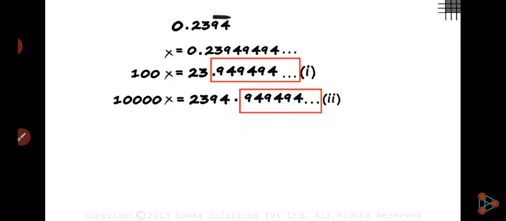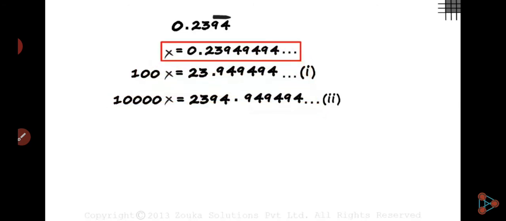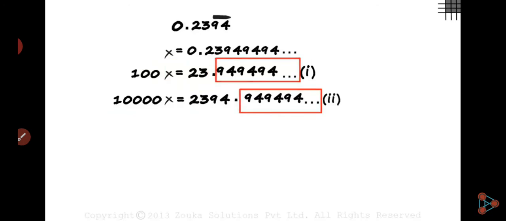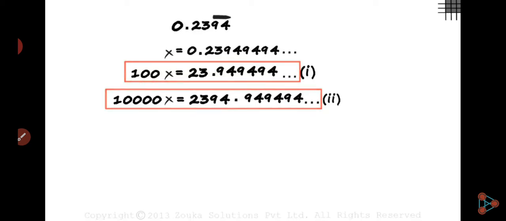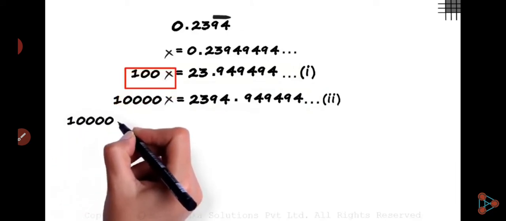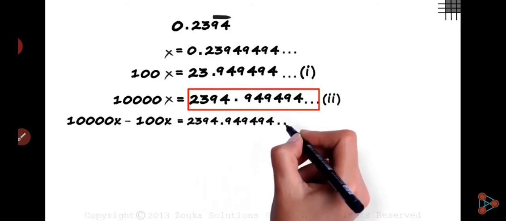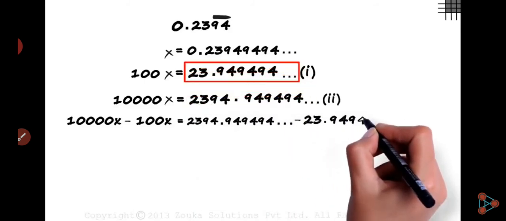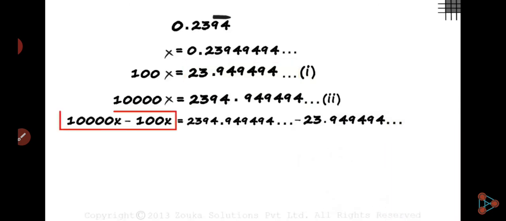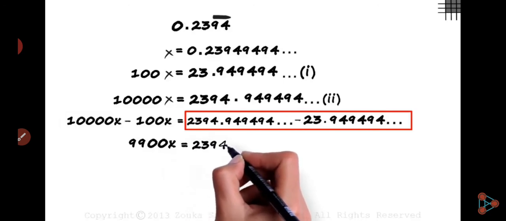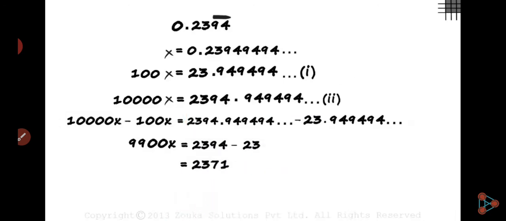Now we subtract again: we will subtract the first equation from the second. So we get, the 94 repeating parts cancel out, and we get 10,000x minus 100x equal to 2394 minus 23.9494, and the 0.94 bar cancels out. So it becomes 9900x = 2394 minus 23, so it becomes 2371. So x is equal to 2371 upon 9900.